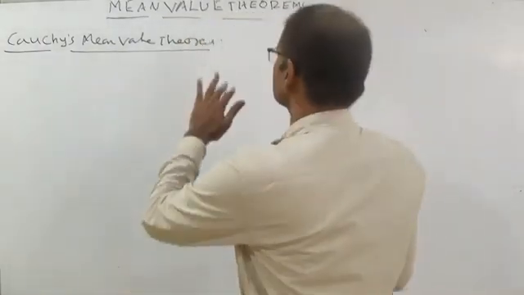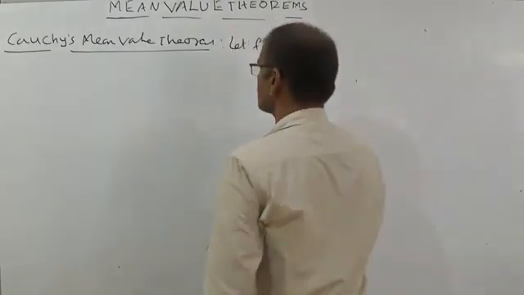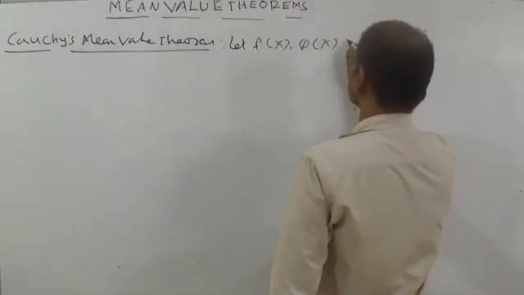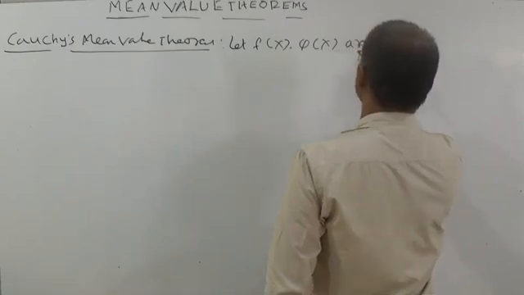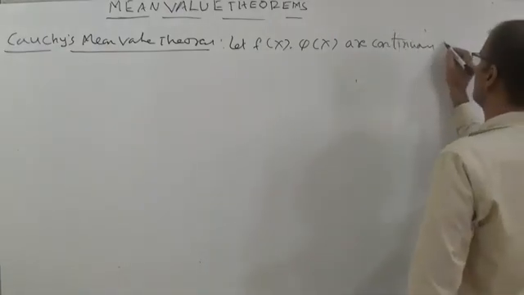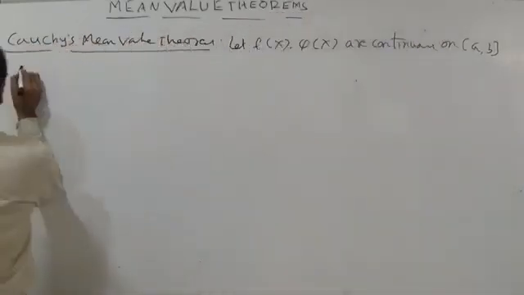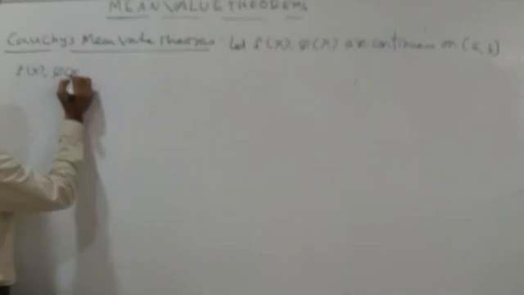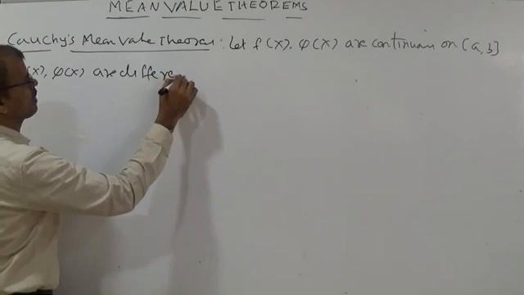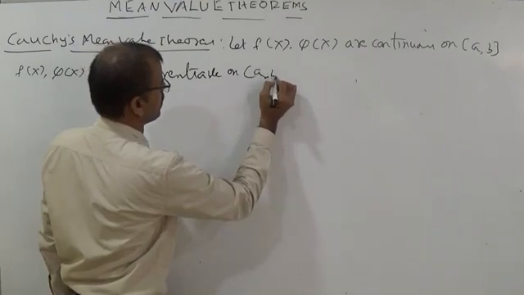Here I am writing: let f of x comma phi of x, two functions I am taking, be continuous on the closed interval a comma b, and let f of x comma phi of x be differentiable on the open interval a comma b.